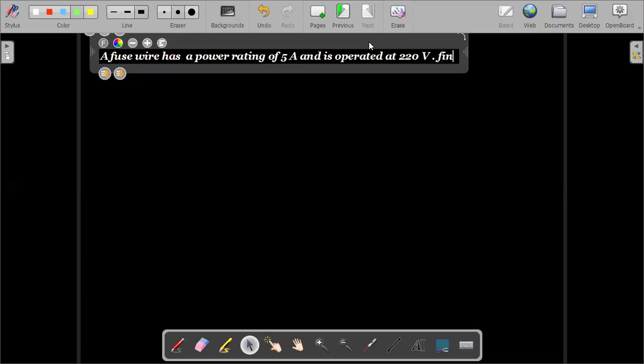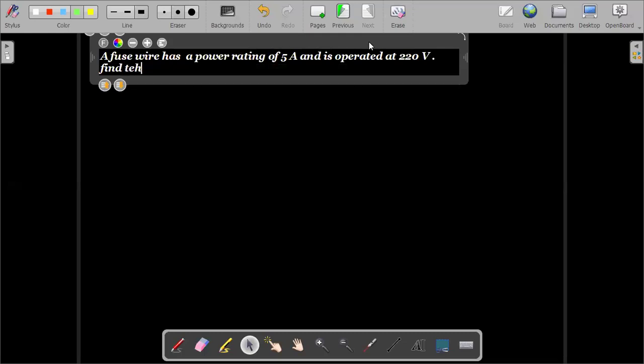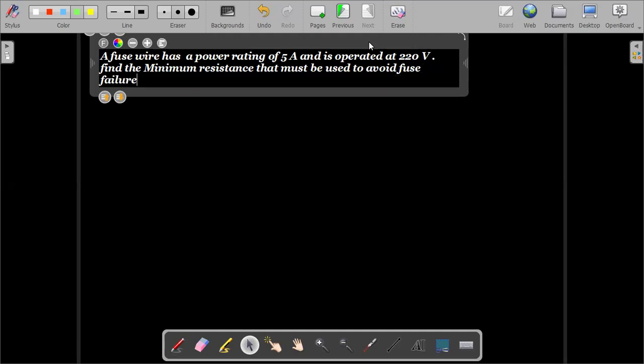Find the minimum resistance that must be used in series to avoid fuse failure. Okay, so try this question.